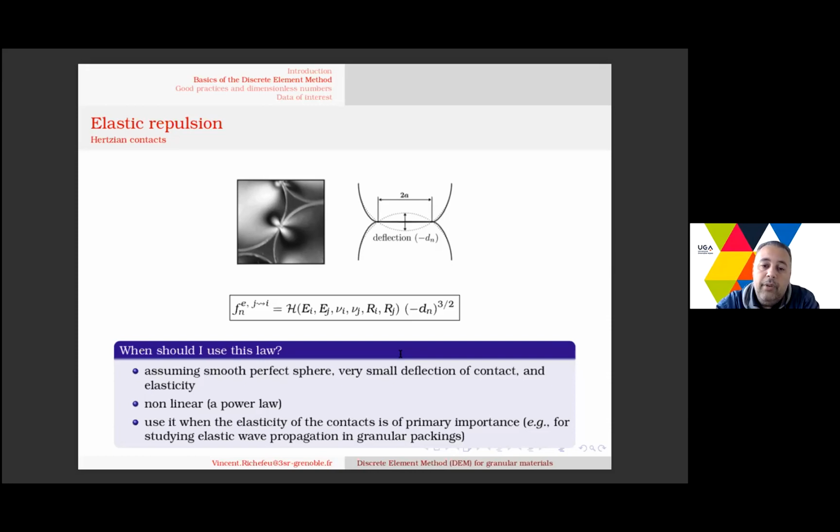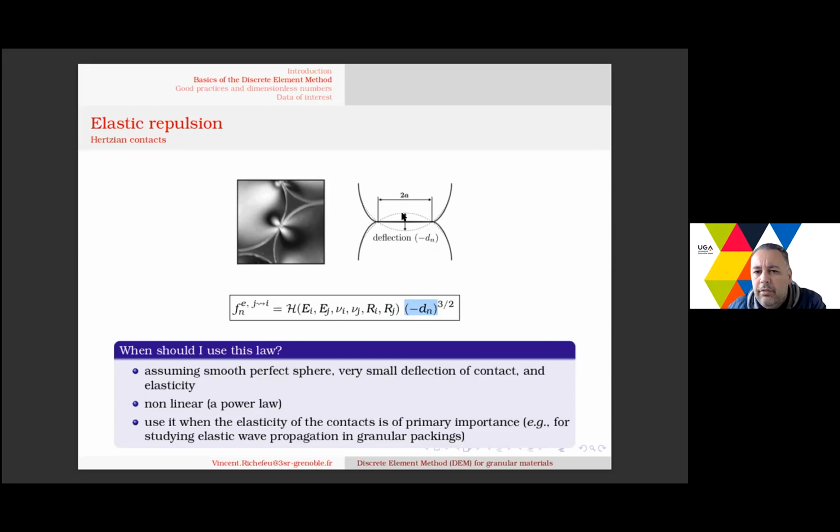And generally, we find that the elastic normal force, so E means elastic and normal force, of particle j acting on particle i, is something that depends on the elastic properties of the two particles and on the radii of the particles. And it will evolve like this: it is the deflection of the particle to the power 3/2 for disks.